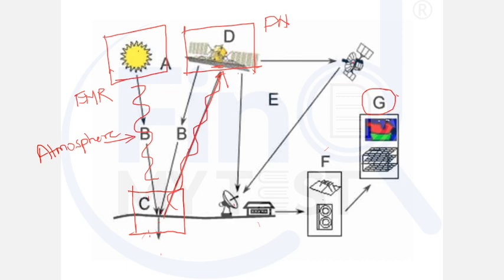Another remote sensing technique is where the sensor of the satellite itself creates the electromagnetic radiation, which is sent to the Earth and reflected back. This method is called active remote sensing, and the other is called passive remote sensing, where the sun is the source. We'll learn about this more in the next slide. Just remember this process, how exactly remote sensing works. Let's move on to active and passive remote sensing.